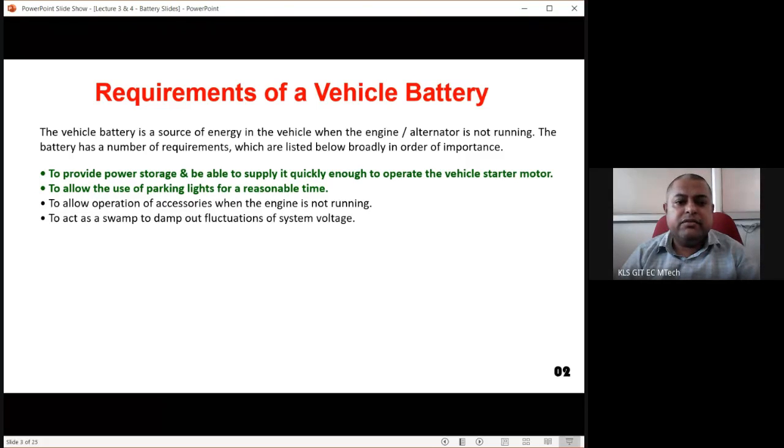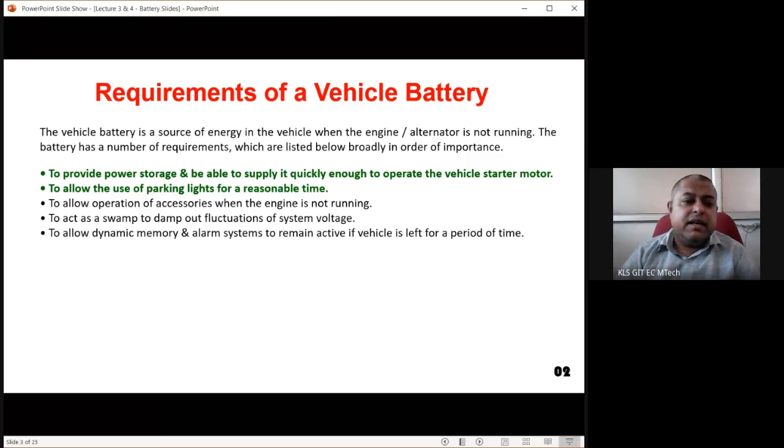This is a point which will be discussed later on, because it depends on the case exactly: during which instances or why sudden fluctuations are created, and why there is suddenly a steep requirement of some kind of energy that the battery will be supplying. So this fourth point, to act as a swamp or damp out the fluctuation of system voltage, will be discussed later.